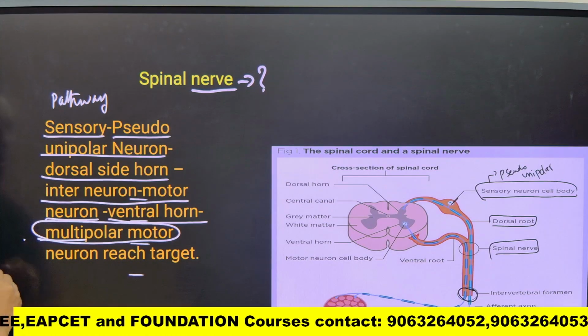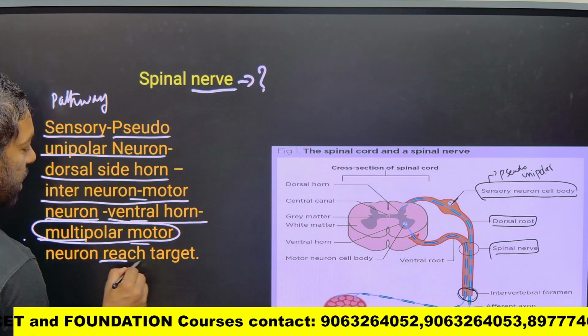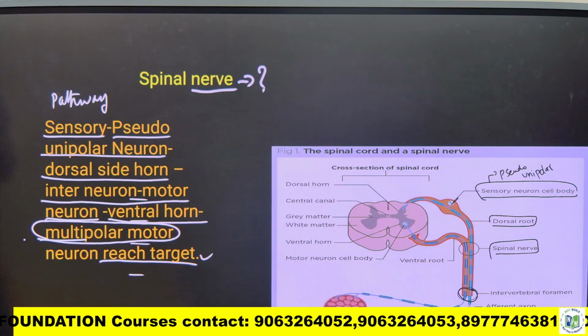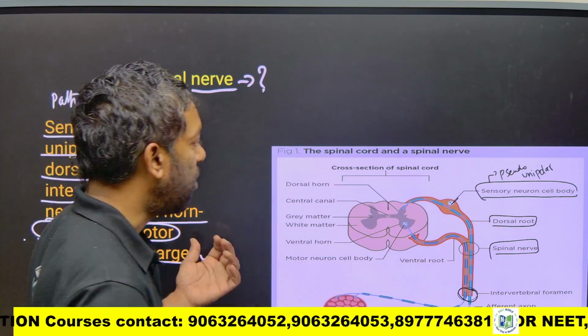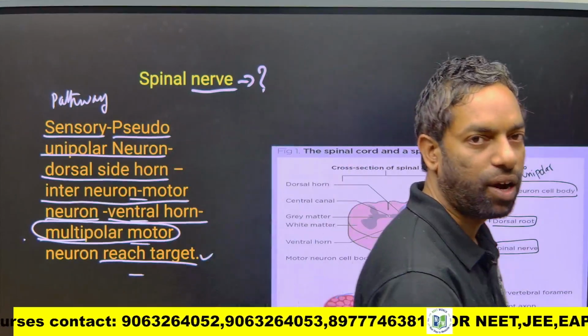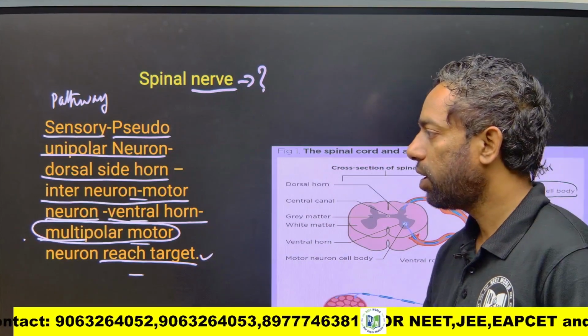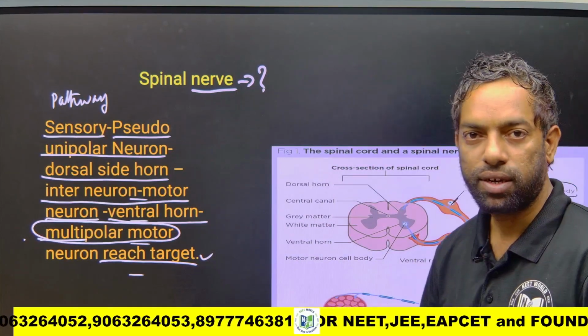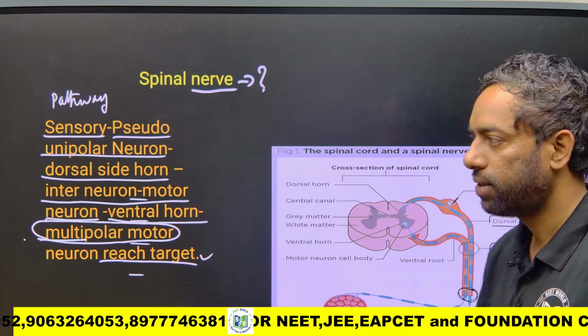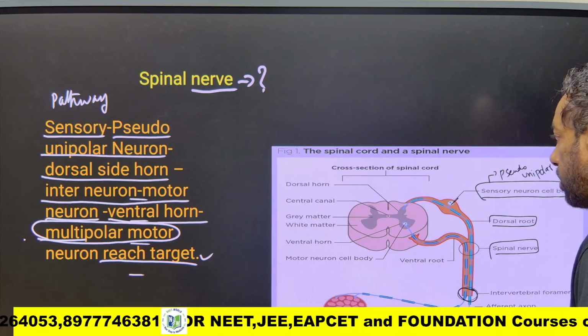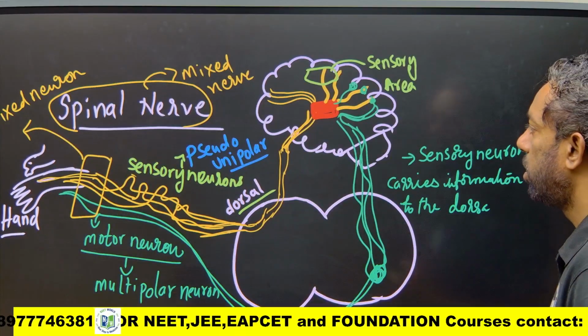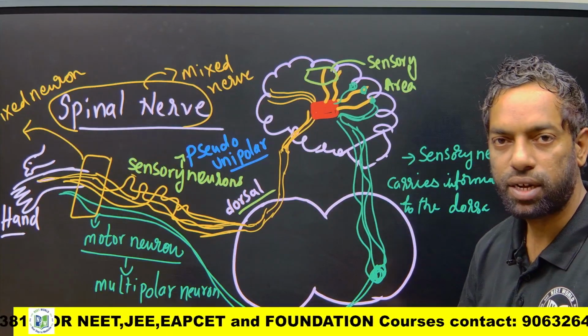The multipolar neuron finally reaches the target. This is the order of the spinal nerve pathway. I hope you clearly understand. This is about the mixed nerve. The spinal nerve is the mixed nerve.